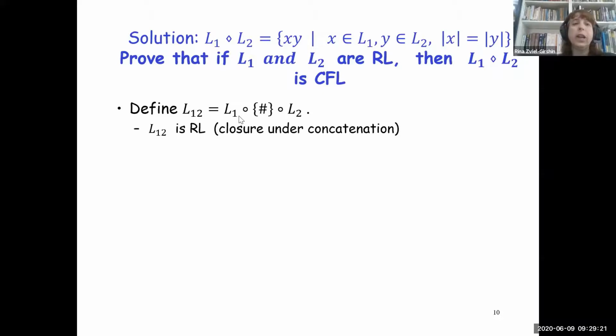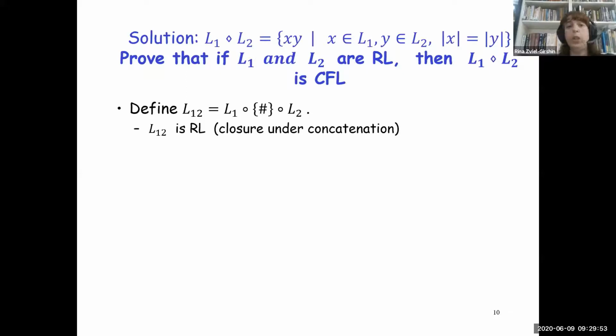Please pay attention that now I definitely have a separation between the prefix that comes from L1 and the suffix that comes from L2. I have a DS sign somewhere, not necessarily in the middle, because for the language L12, I don't need the number of letters in L1 to equal the number of letters in L2. I don't have this constraint now.